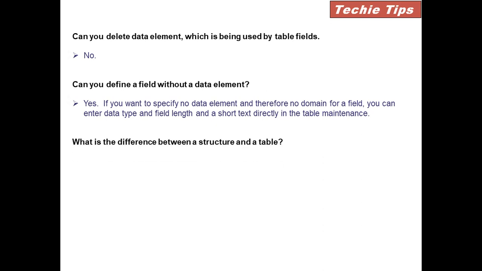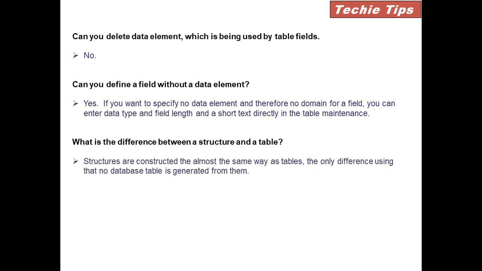What is the difference between a structure and a table? All this while we are talking about a structure and a table. The structures are constructed almost the same way as a table. The only difference is that no database table is generated from them. It ideally refers only to one work area where you can refer to a structure.